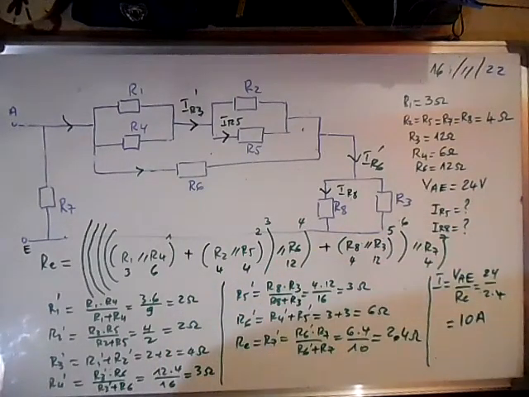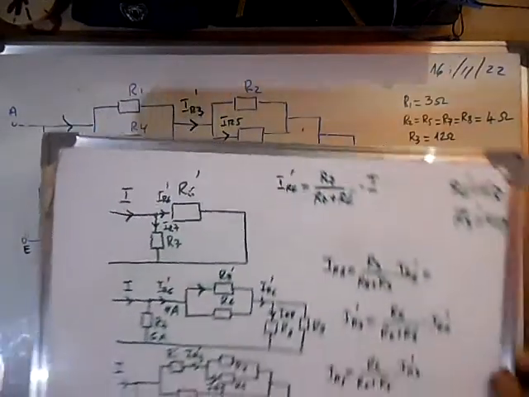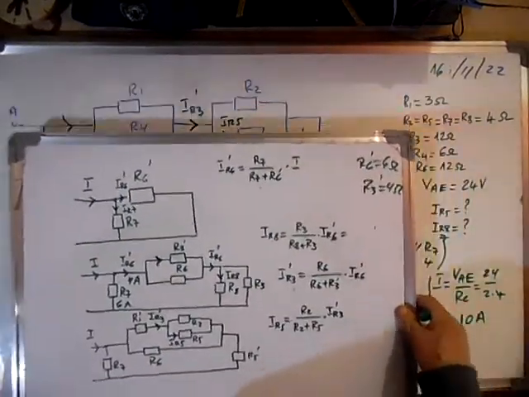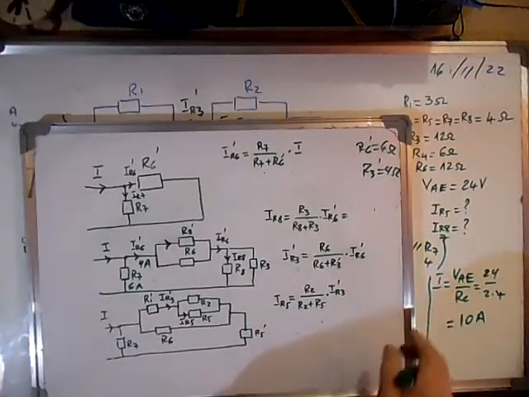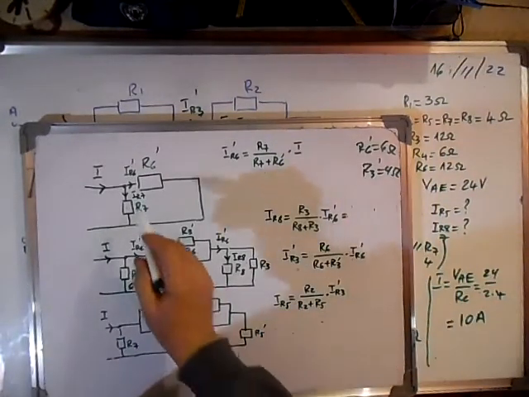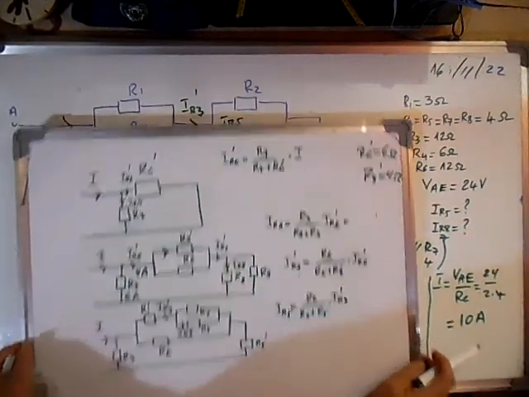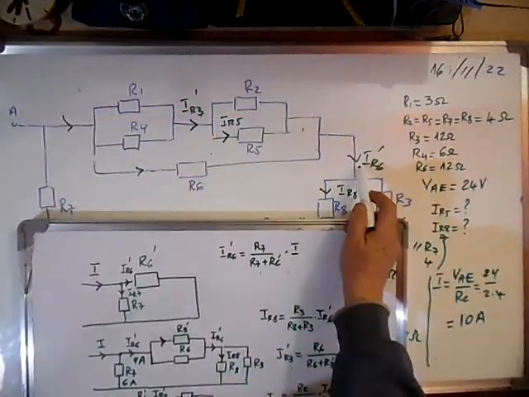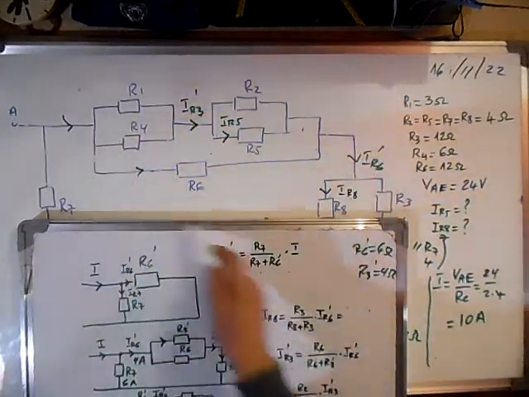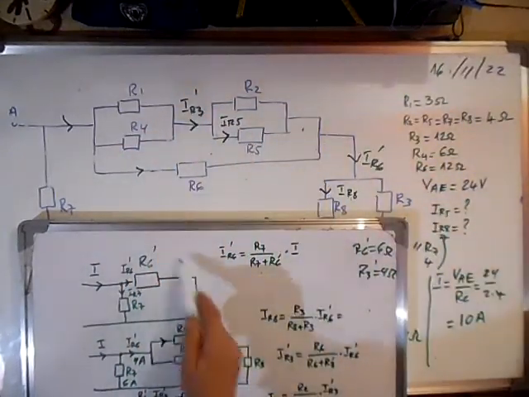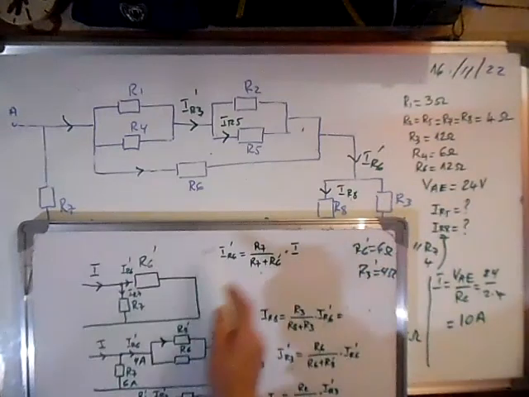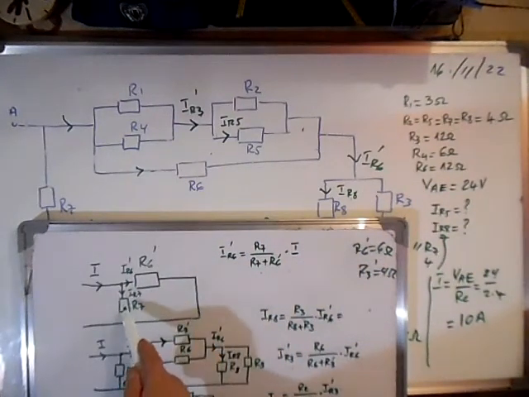Let's take this board again, and we can use the current divider to calculate all the currents. Now we have the main current. We can calculate the R6 prime current flowing here. This is the equivalent resistance of this whole branch, in parallel with R7.